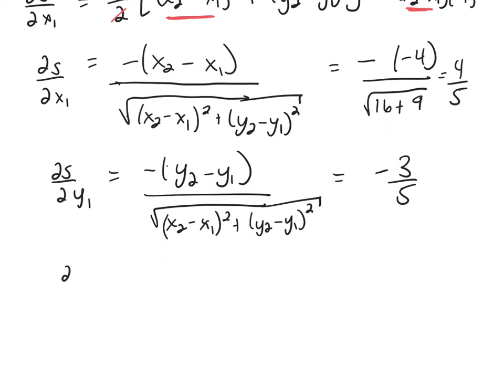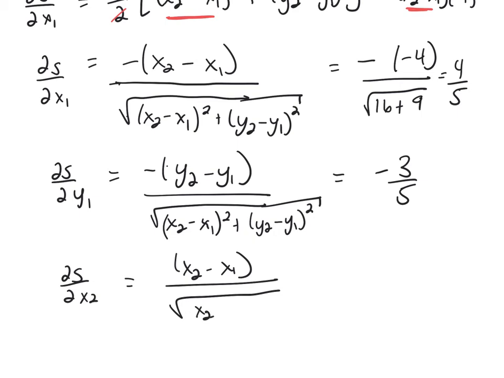The partial derivative of s with respect to x2 is (x2 minus x1) over that square root, which gives 4/5.